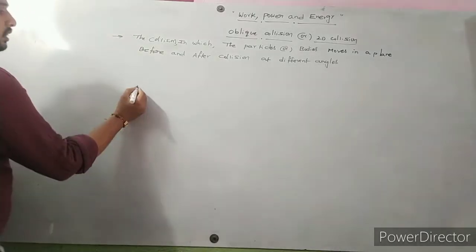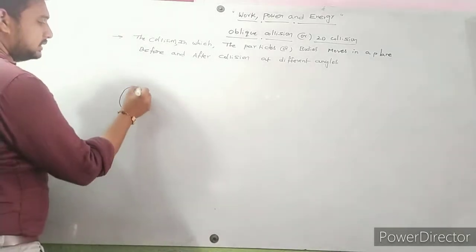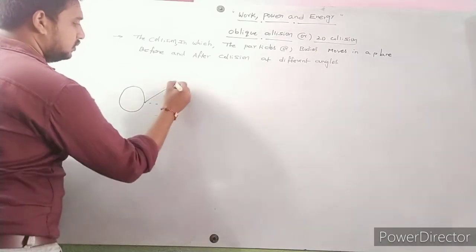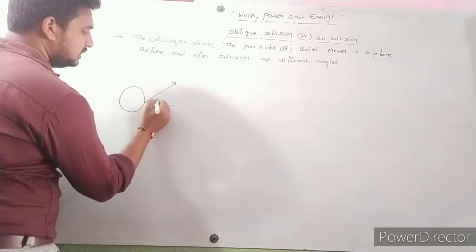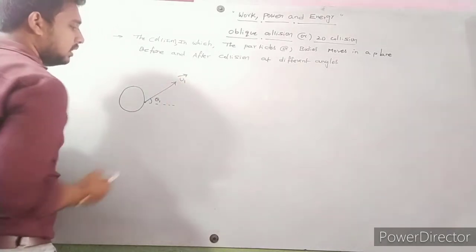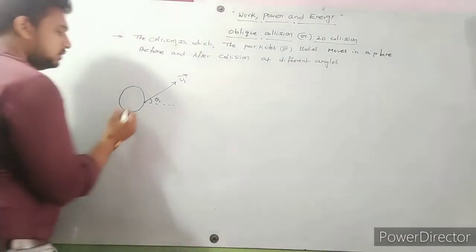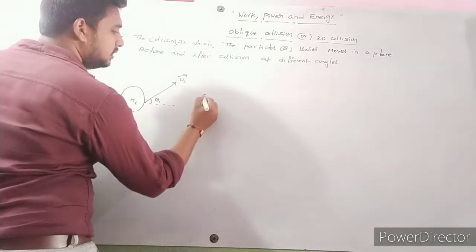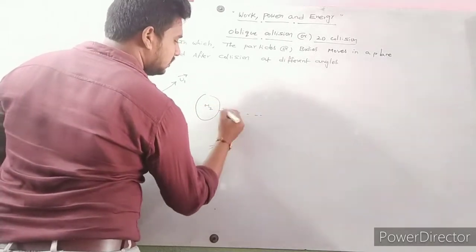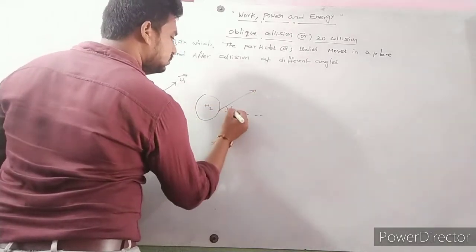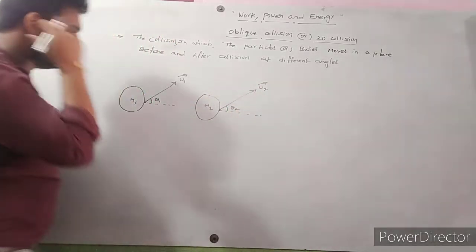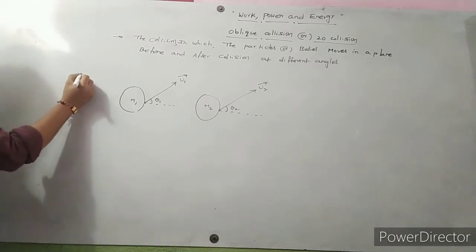So here, I'll consider this is a body with mass m1, moving with velocity u1 bar at an angle theta1. And I'll consider another mass m2, moving with velocity u2 bar at an angle theta2. So this is before collision.